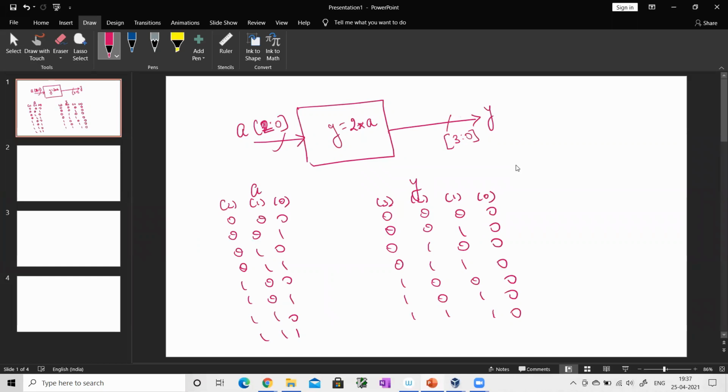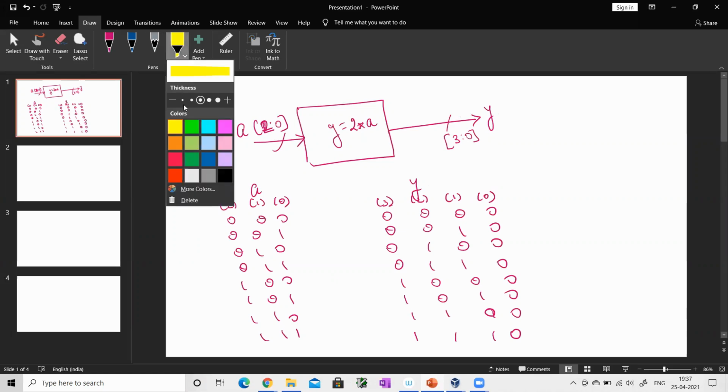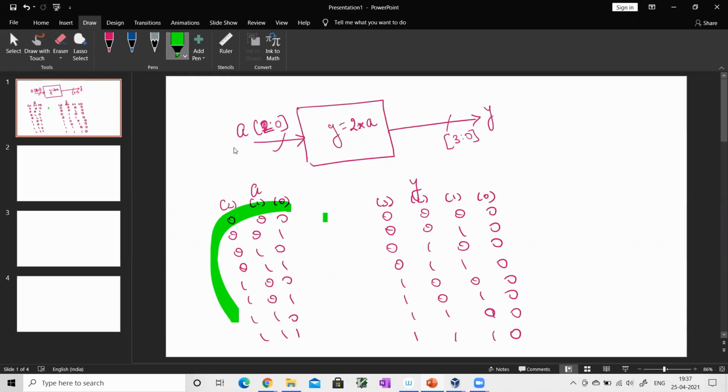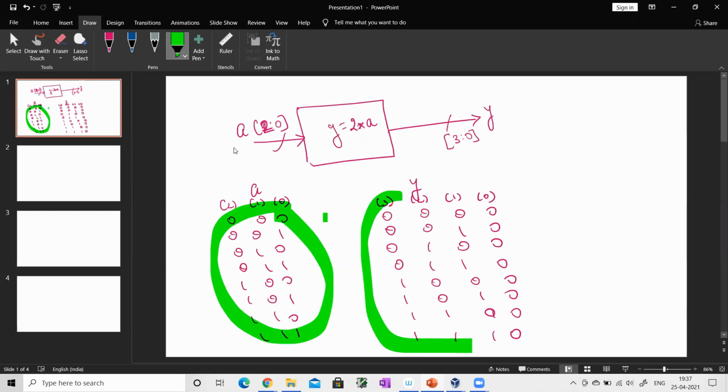And 7 multiplied by 2 is going to be 14. Now if you see the beauty here, exactly the same numbers are coming here.